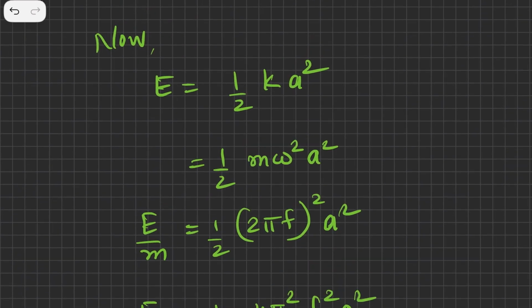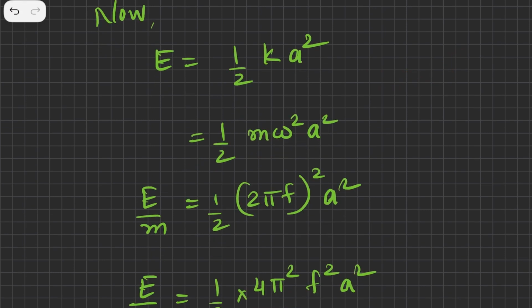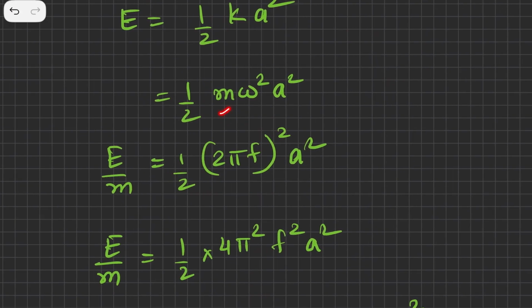So total energy in a spring is half of K A square. This is the total energy of a spring. So half of, in place of K I write m omega square, because we know that K is equal to m omega square. Now m we don't want here. Anyway they have not asked us to find it out. So I'll take this m on the other side, so it will become E upon m.